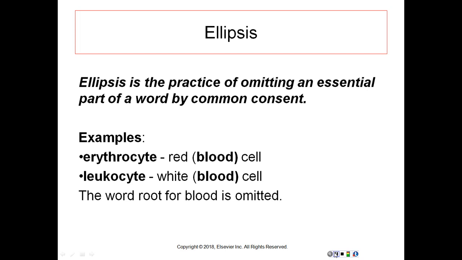Cytoid, resembling a cell. Cytology, study of cells. Cytoplasm, cell substance. So look at these first four terms. They all begin with cyto. Again, no matter what word it is, cyto will always be cell no matter what. So again, don't focus on cytogenic, focus on cyto and know in your mind that, okay, that means cell.